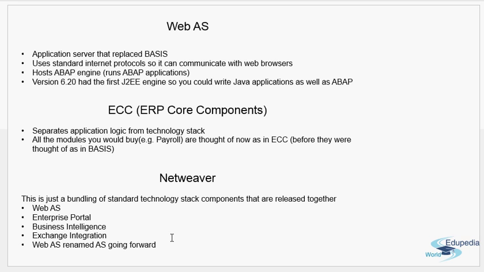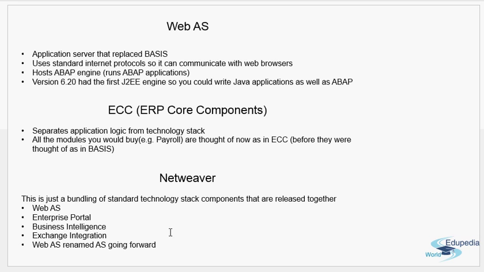Later, basis was separated and renamed as NetWeaver, and the other functionality components all together are known as ECC, ERP Core Components. That's why we call it an ECC system.